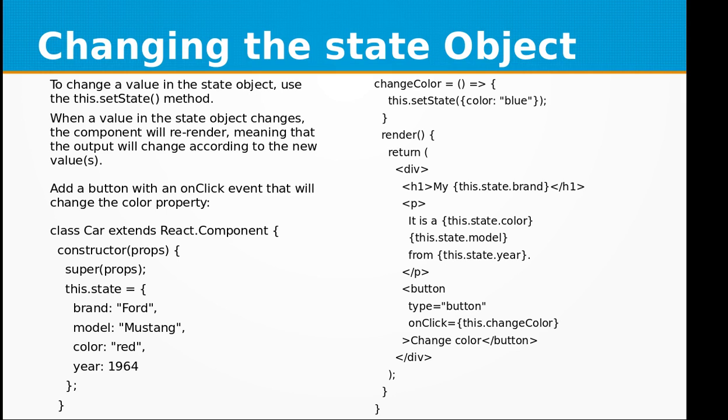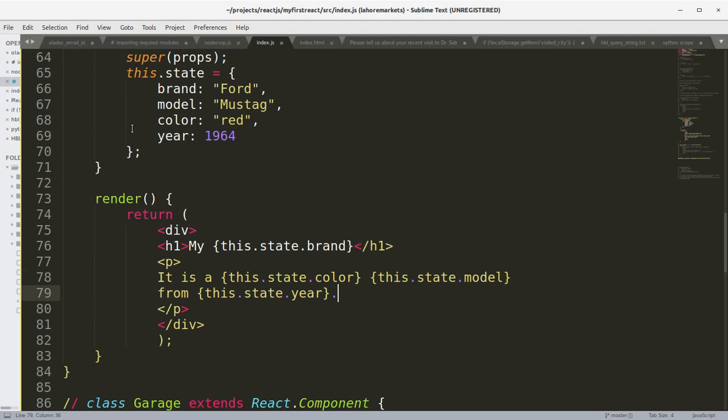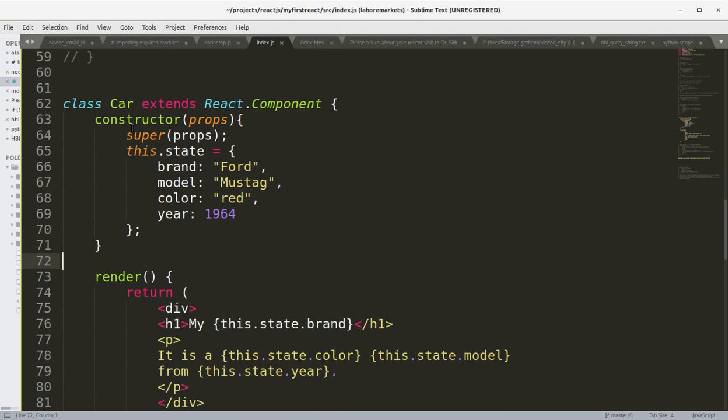So the Car class component stays the same, and we are going to add a new function, changeColor, and this changeColor method will change the color to blue. Okay, let's start this. changeColor is part of the class component, so we are going to add it just after the constructor.